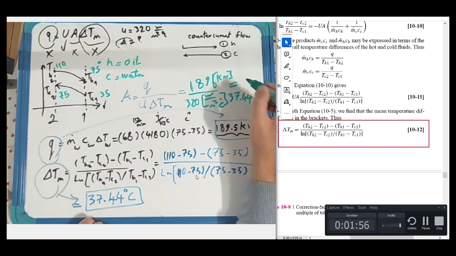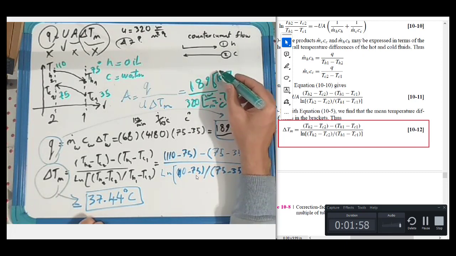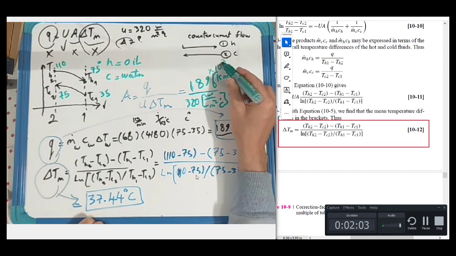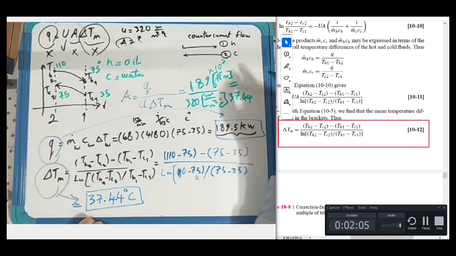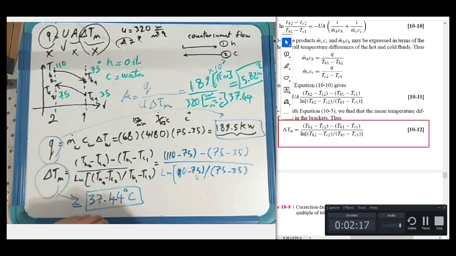Pay attention, it should be multiplied by 1000 for kilowatts. The answer would be 15.82 meters square.